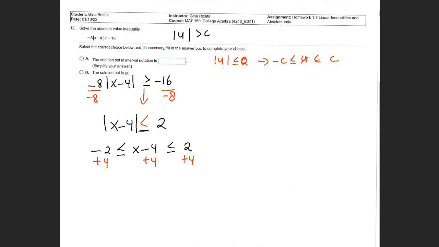Negative 2 plus 4 is 2, less than or equal to x, less than or equal to 2 plus 4 is 6. Write it in interval notation: this is closed, bracket, bracket, so 2 to 6.